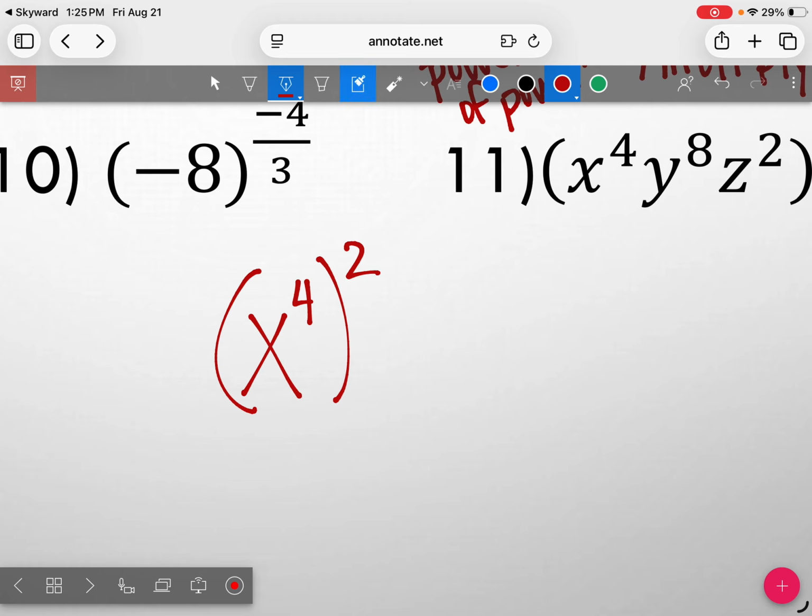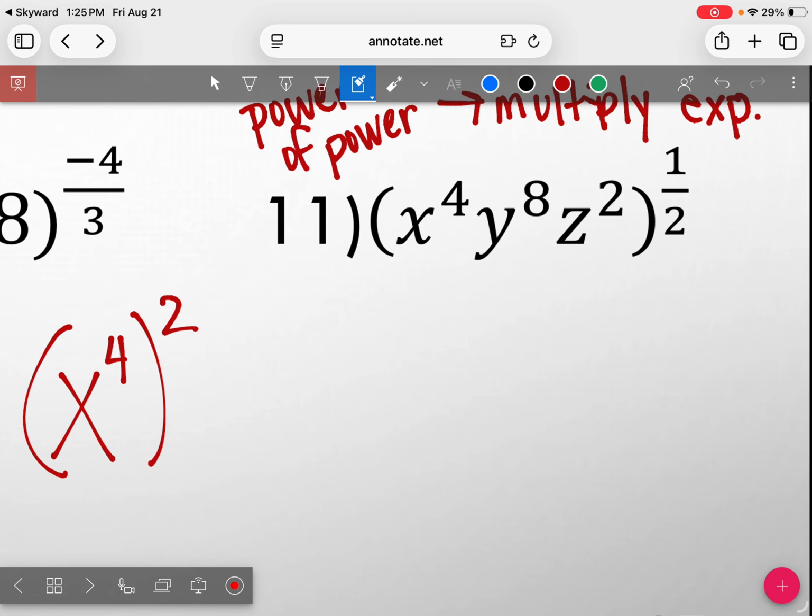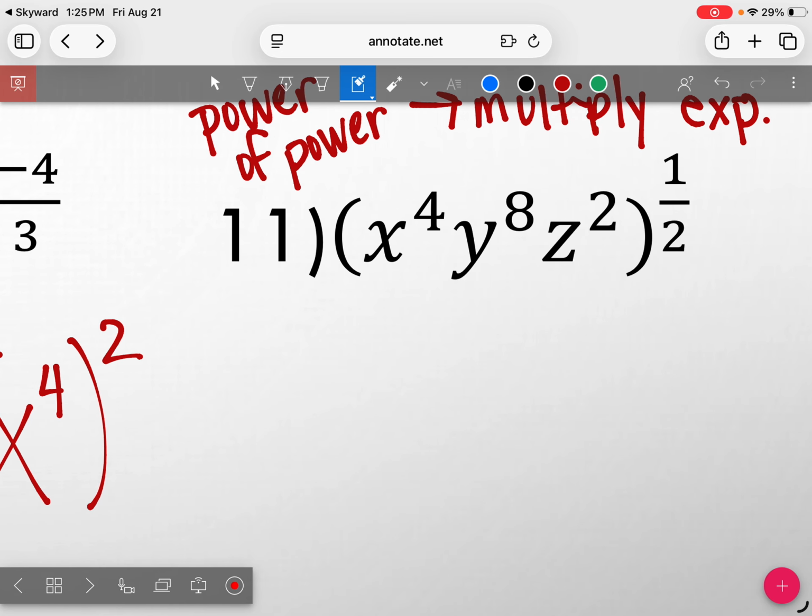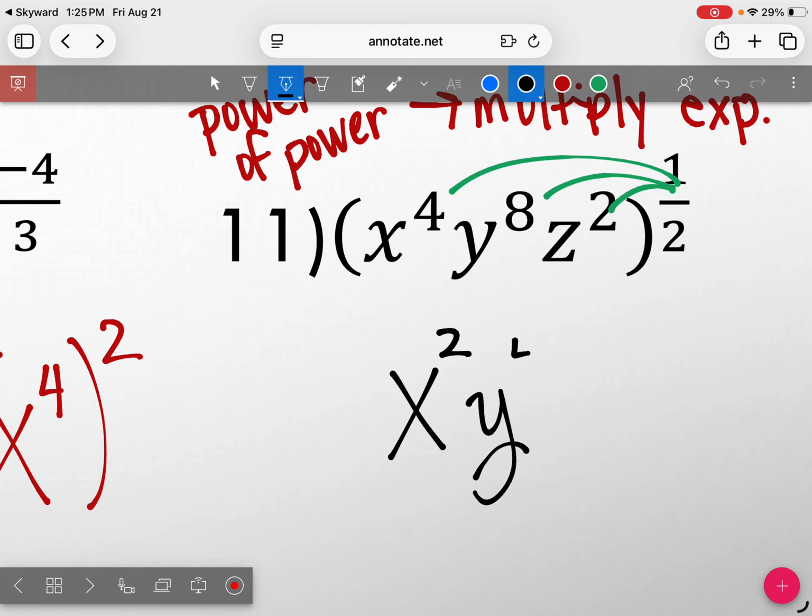So we're doing the same thing here. And lucky for us, all of our exponents are even. So when you multiply, you're just cutting these exponents in half. So we're taking half of 4, half of 8, and half of 2. So my final answer would be x squared, y to the fourth, and z to the first.